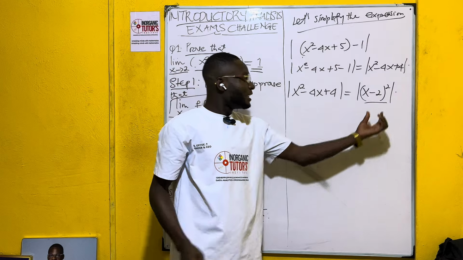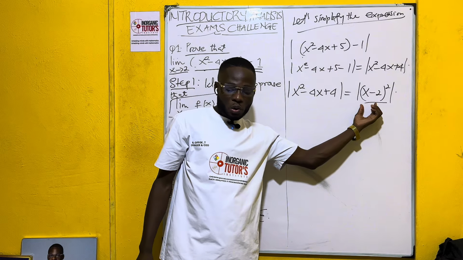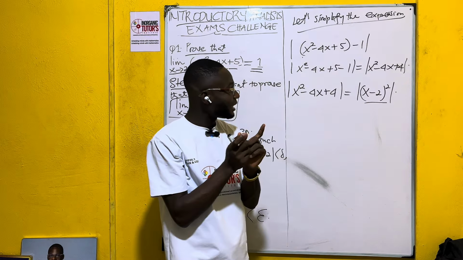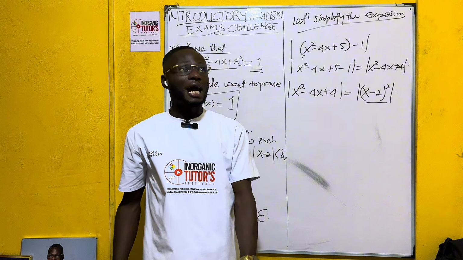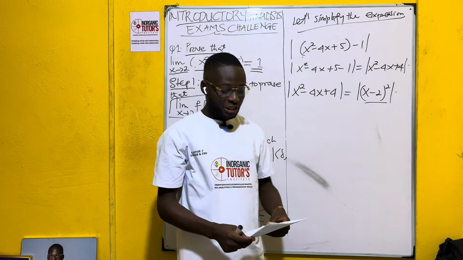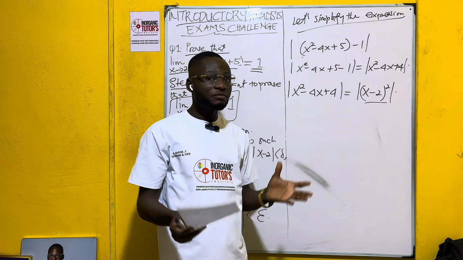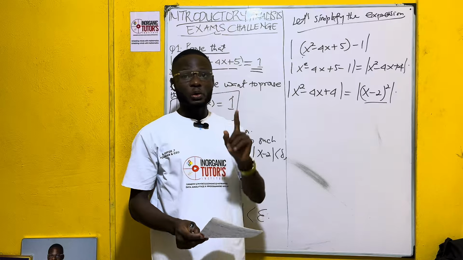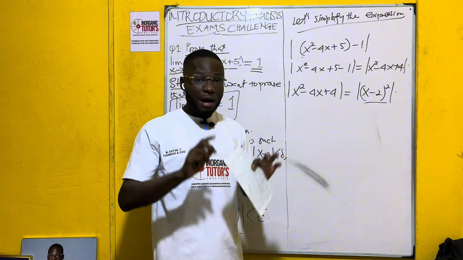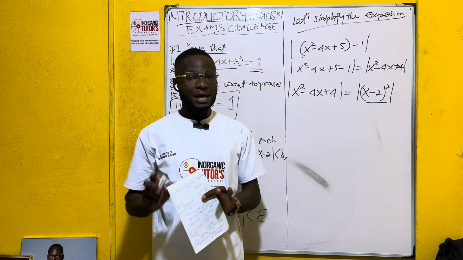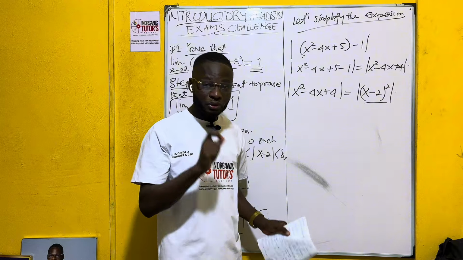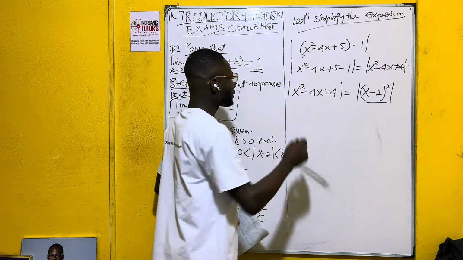Now, we have to understand that the absolute value of a square, or absolute values of squares, are non-negative, right? So we have to put that statement down.